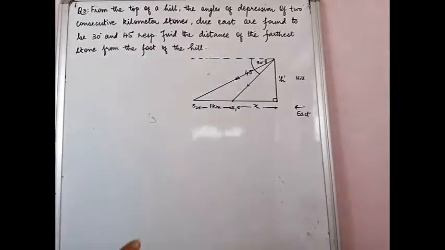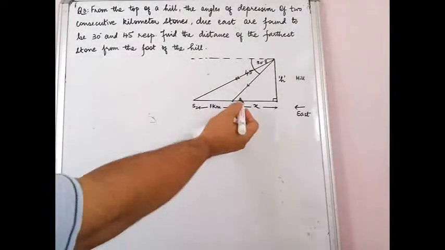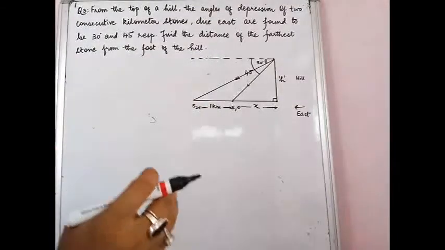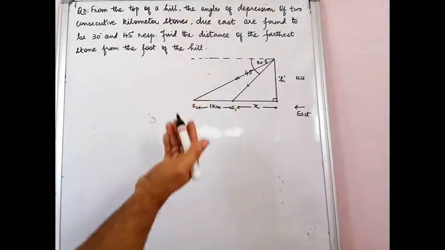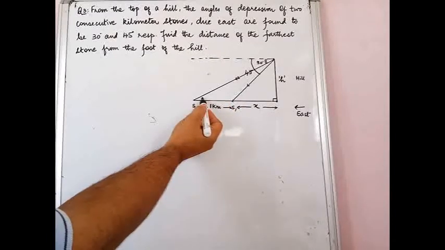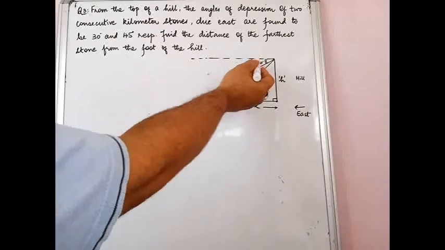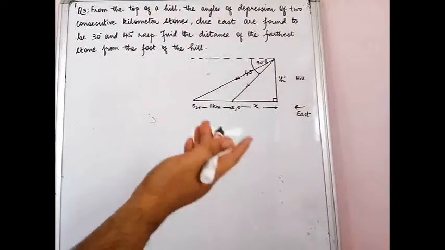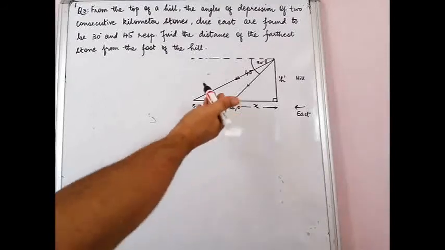Okay, this is one more mistake that students make. They quickly mark these two angles without realizing which angle is greater. By looking at it, you can see that this angle is going to be greater than this angle. Once you have marked the angles of depression, use the alternate interior angle rule to mark these two angles.